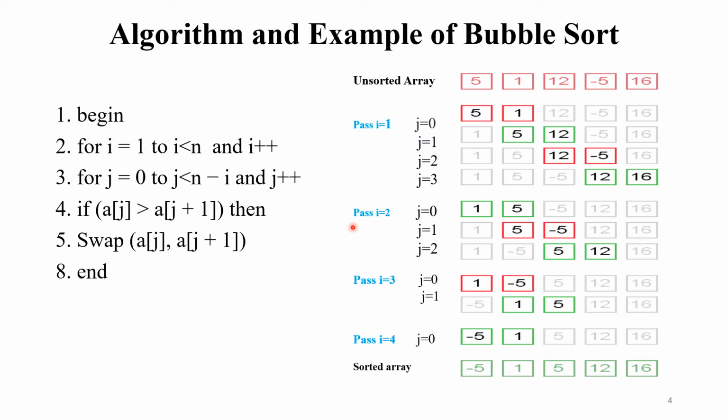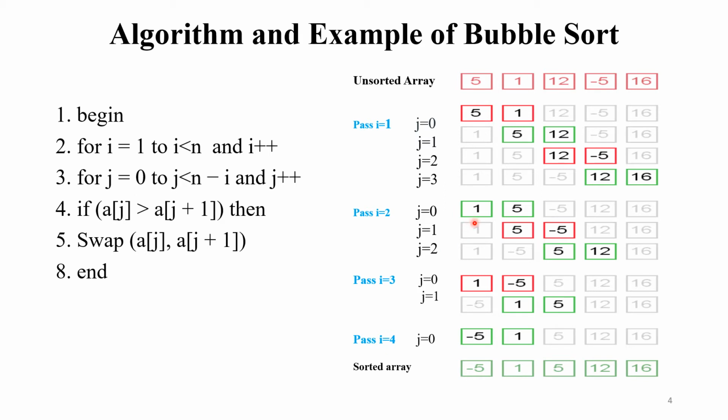And now our j starts from 0 to j less than n minus i. So here n is 5. Now i is 2. So 5 minus 2 is 3. Means j starts from 0 to 2.